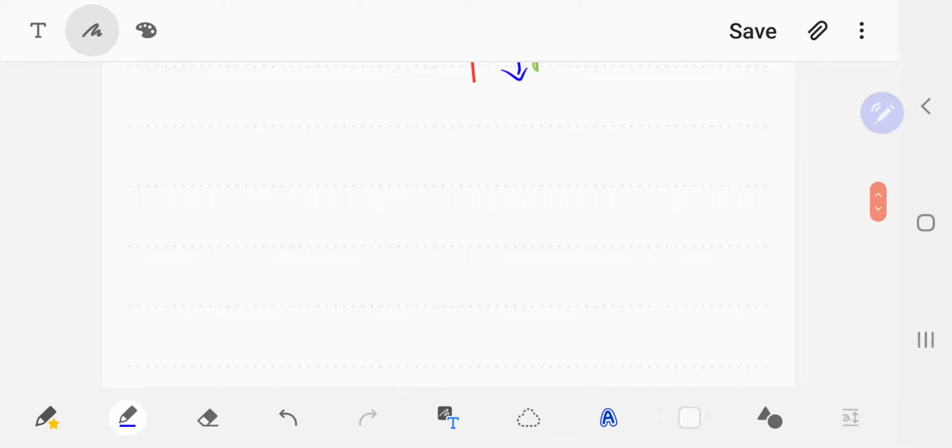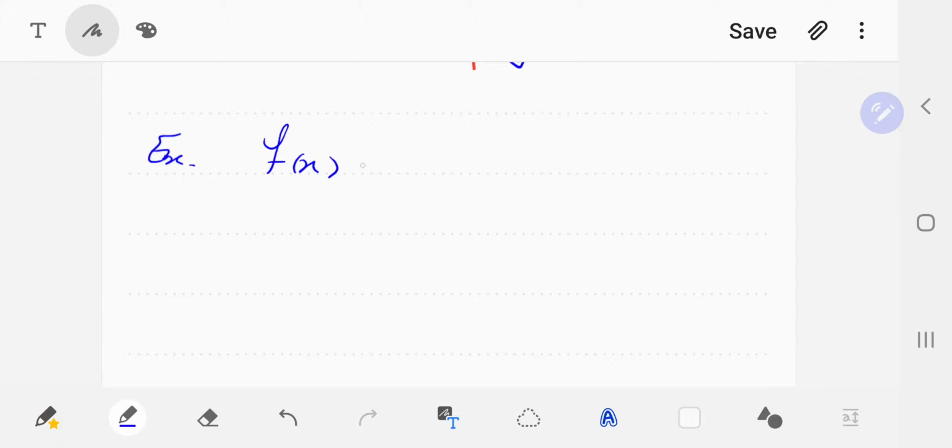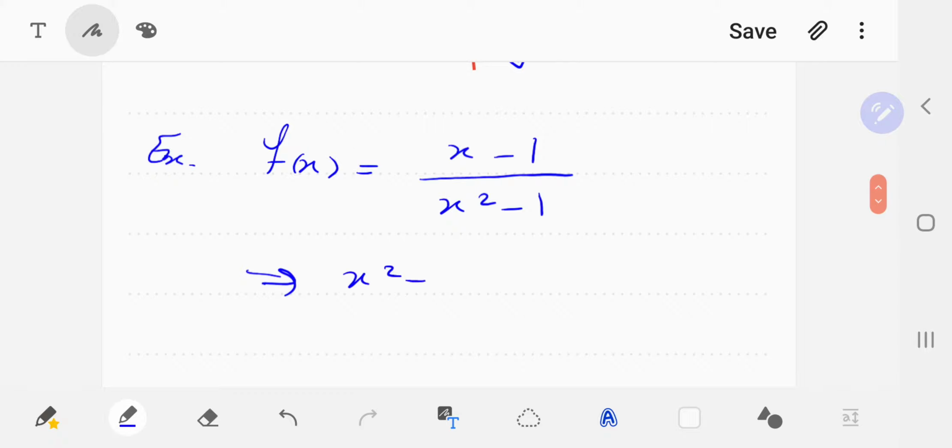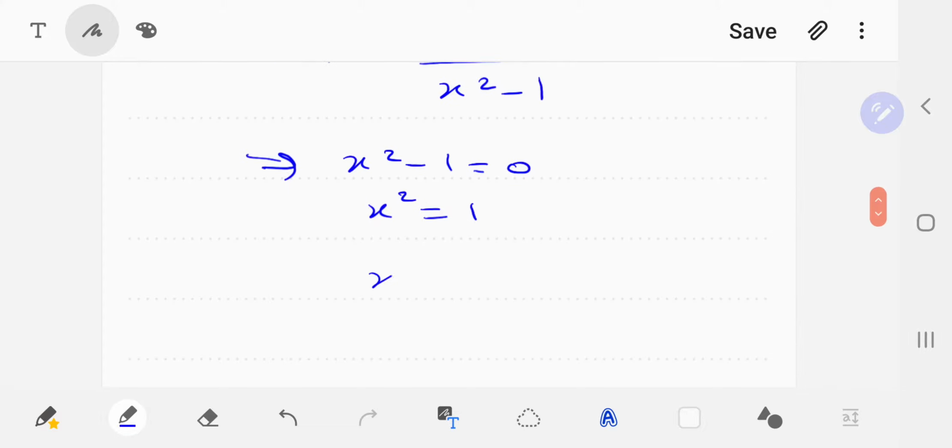Now, does that mean that all the zeros of the denominator will have a vertical asymptote? Let's check. Let's say we have an example like f of x equals x minus 1 over x squared minus 1. In this case, the zeros of the denominator: x squared minus 1 equals 0, so x squared equals 1. When you take a square root, you will get x equals plus or minus 1.